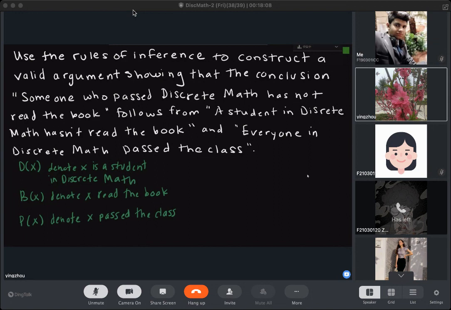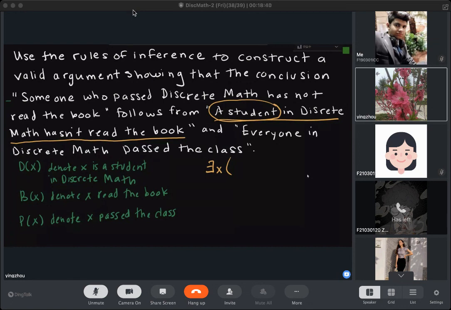So let's see if we can take some of these statements and write them using predicate logic. So we'll get to this one here at the end. Let's start with a student in discrete math hasn't read the book. So we're saying a student, which means there exists a student, such that it's a student in discrete math and they have not read the book.